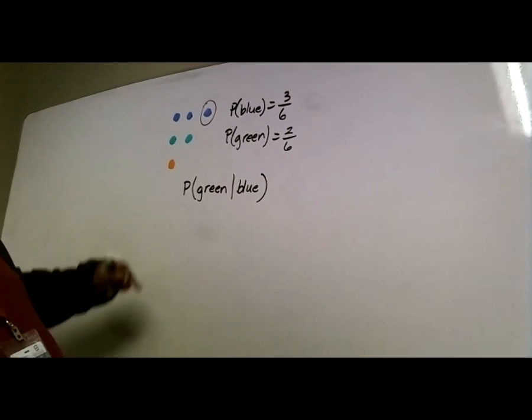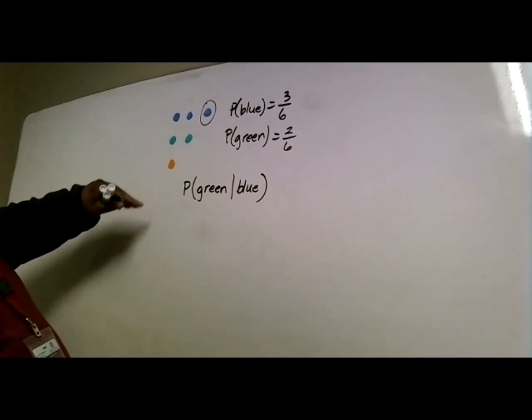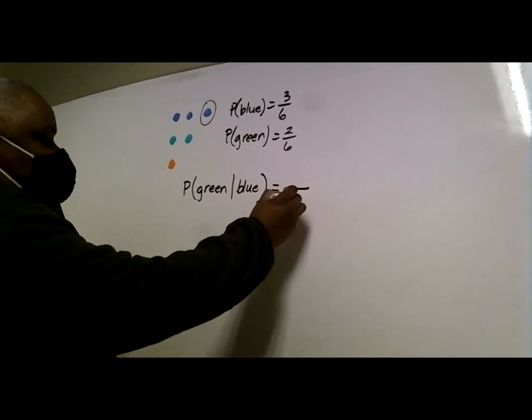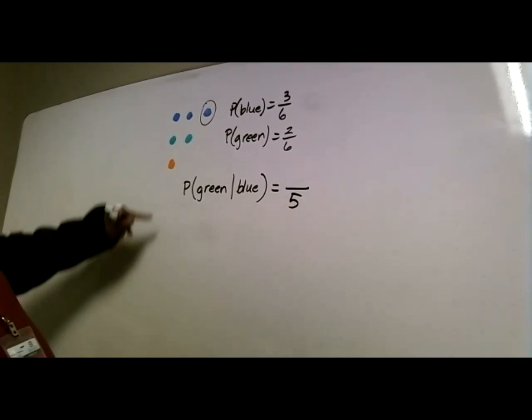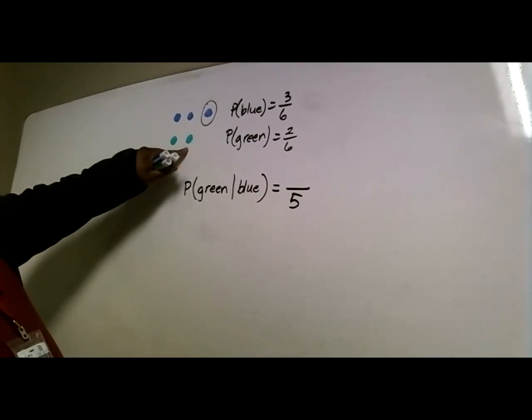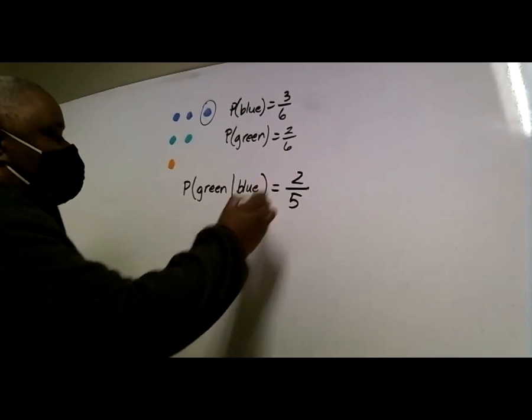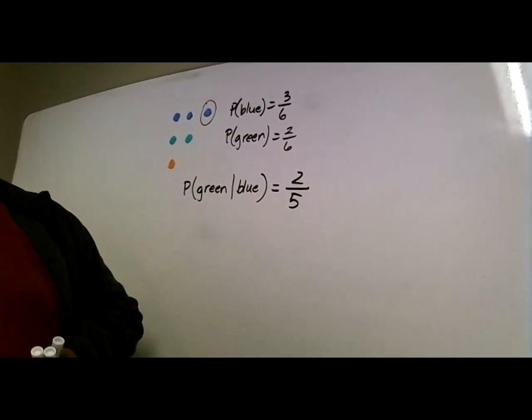I'll circle that. That means there are 5 marbles left, so the denominator is going to be 5, and the probability of getting a green would be 2/5. That's where the 2/5 came from.